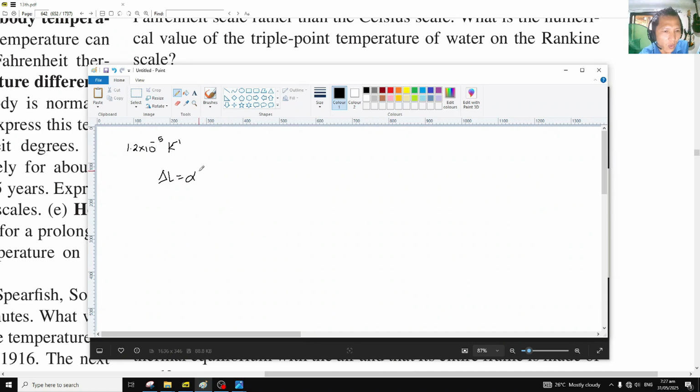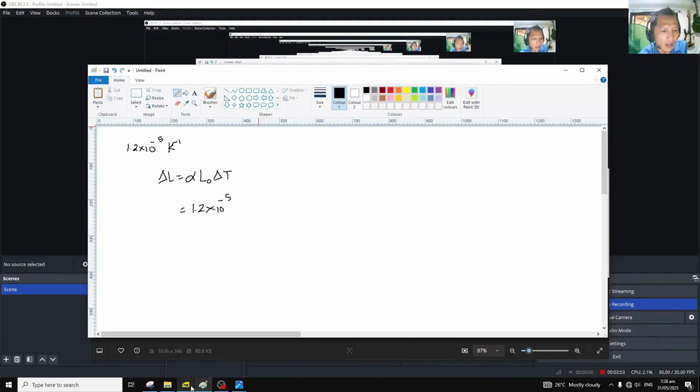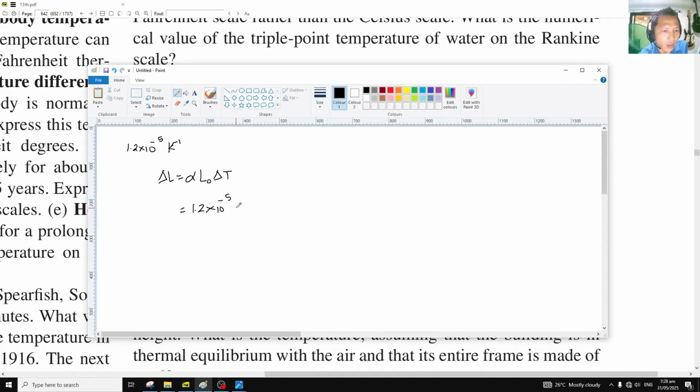Alpha, L0 the original length, delta T. Alpha is 1.2 times 10 to the negative 5, and L0 is given in the problem, 1,410 meters.